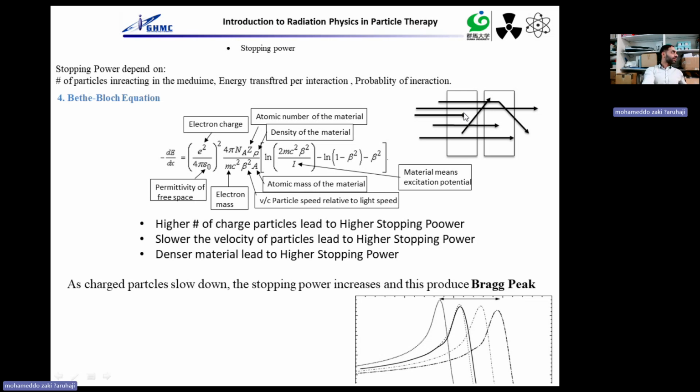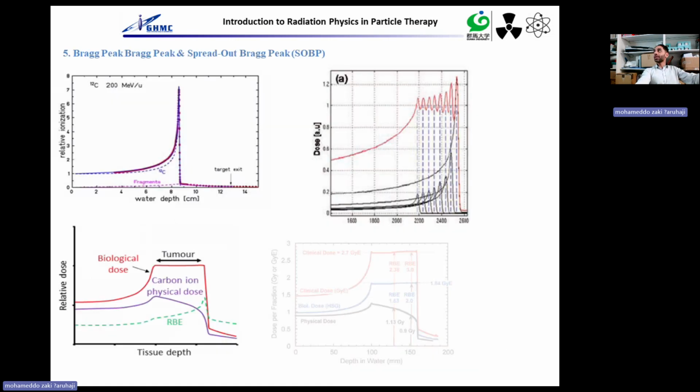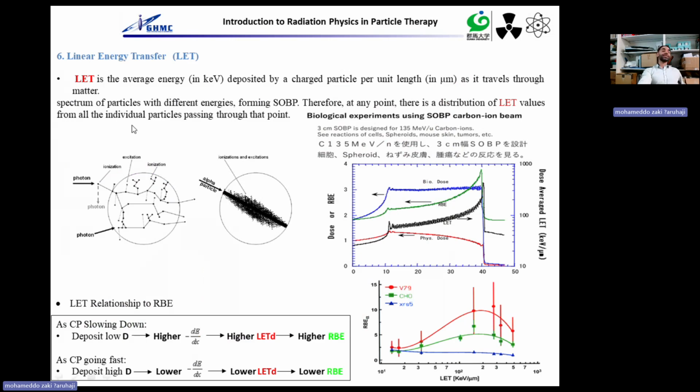It's the name, stopping power: the power of stopping the particles. That means this particle loses energy, deposited all its energy. Now this energy deposited by the particle, we call it LET.